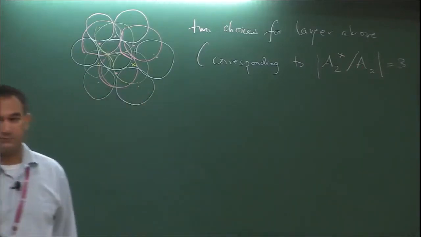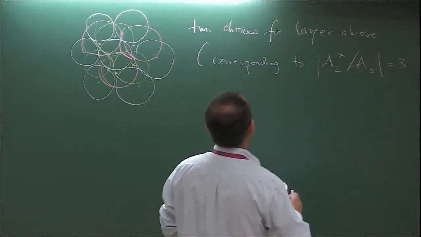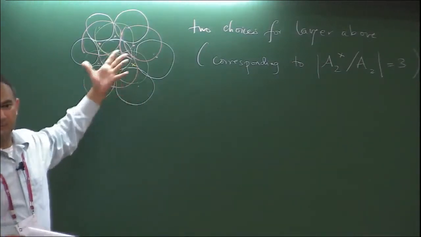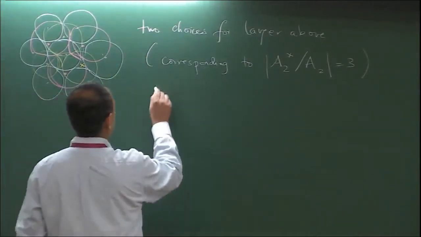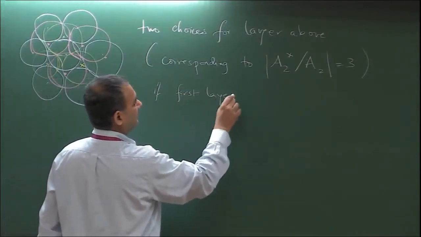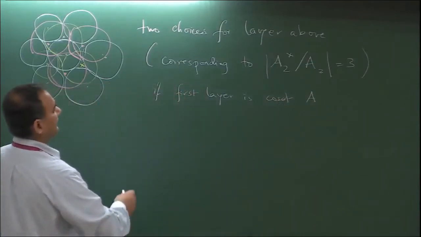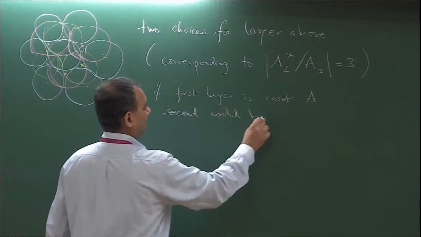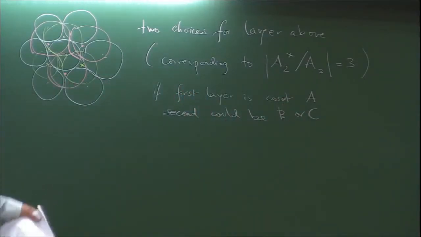There are 3 cosets of the dual, and you don't want to put the 0 coset over it. You can't put them directly over, so you can choose any of the other 2 cosets. So if the first layer is, let's call it coset A, which is the 0 coset, then the second could be B or C, the second being the one above it. The one below it could be B or C.